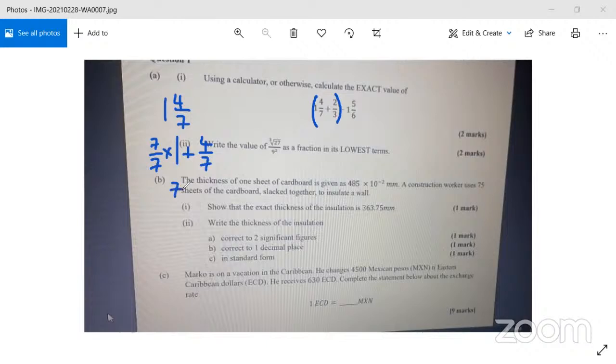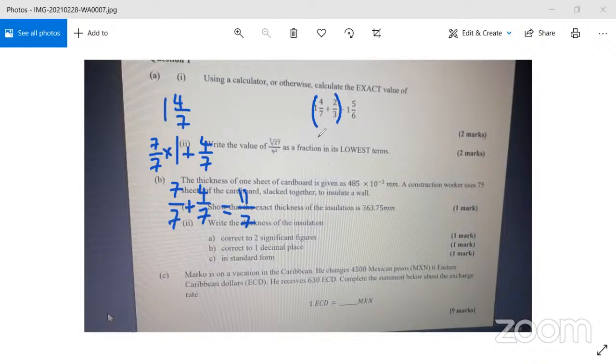That will give you 7/7 plus 4/7. So 1 and 4/7 is actually 11/7. So once we're comfortable with that, we're going to go over here, right?